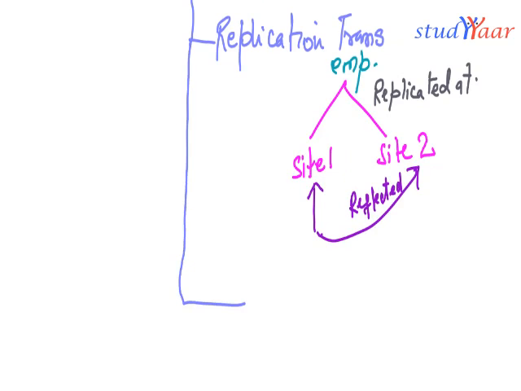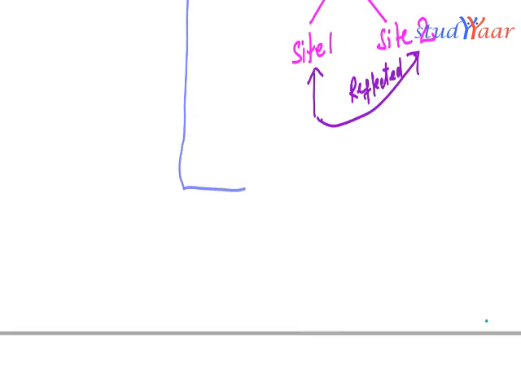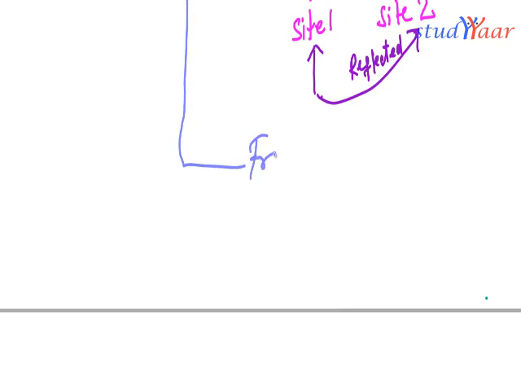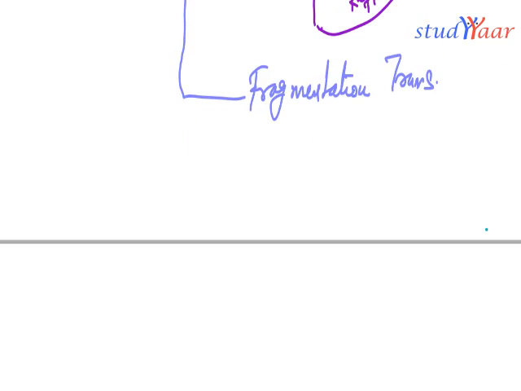The next type of transparency is fragmentation transparency. The concept in fragmentation transparency is, let's suppose I have an employee table.